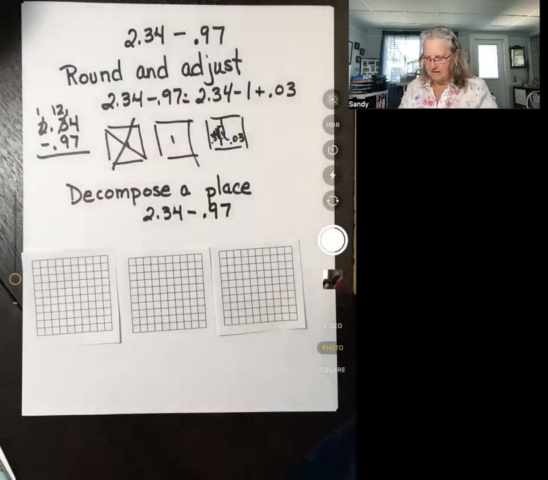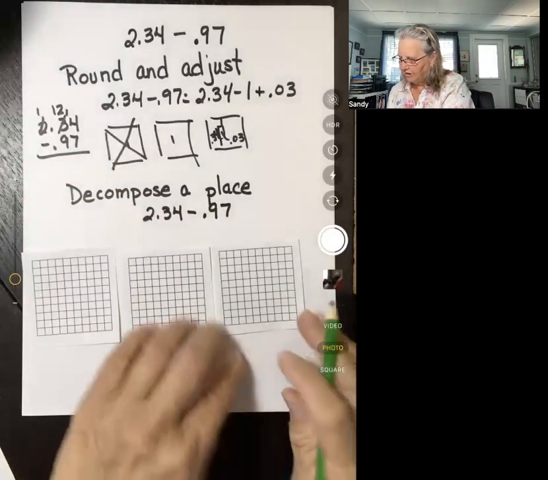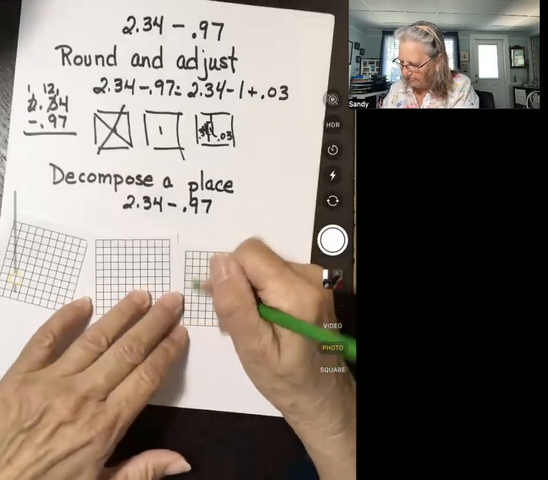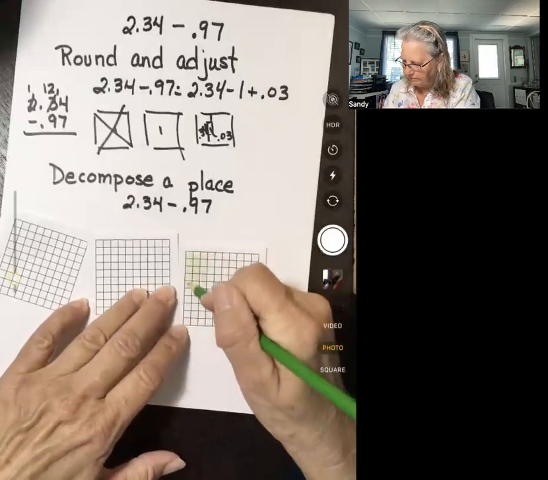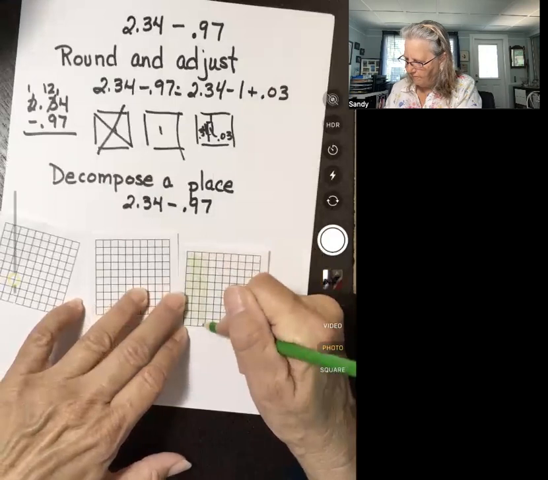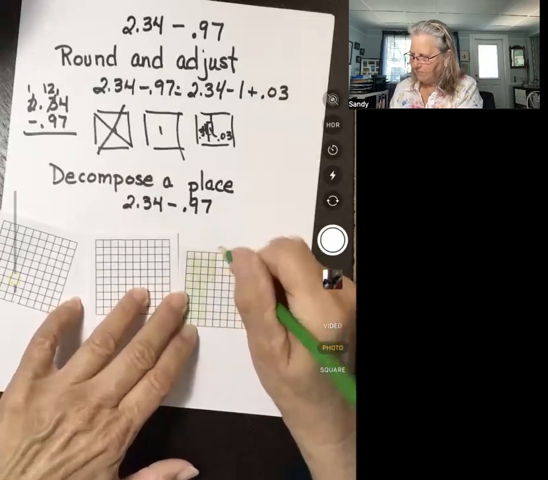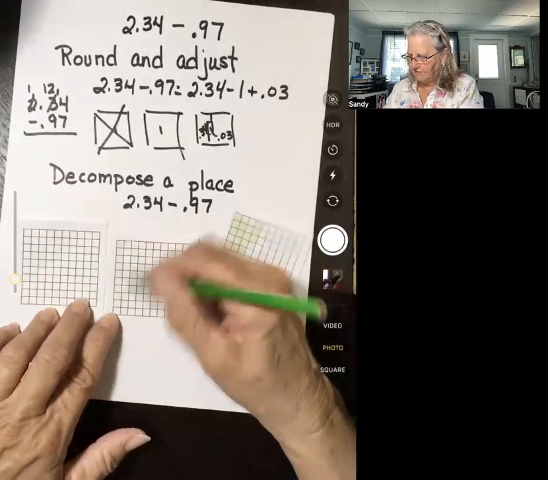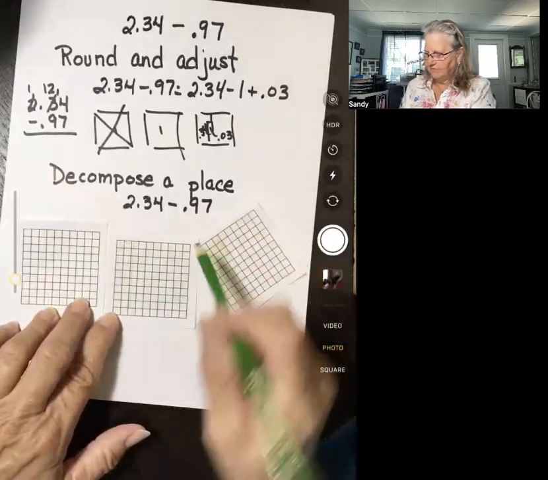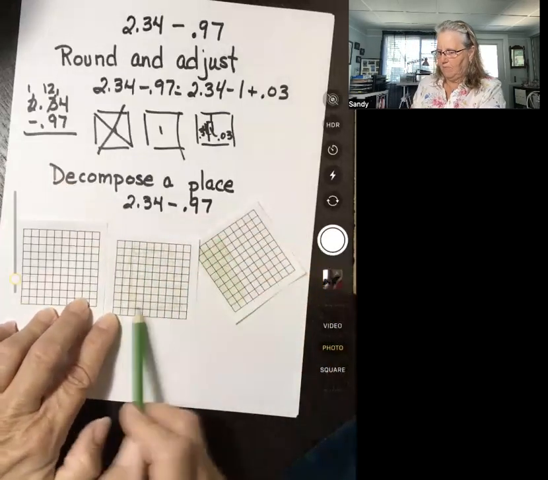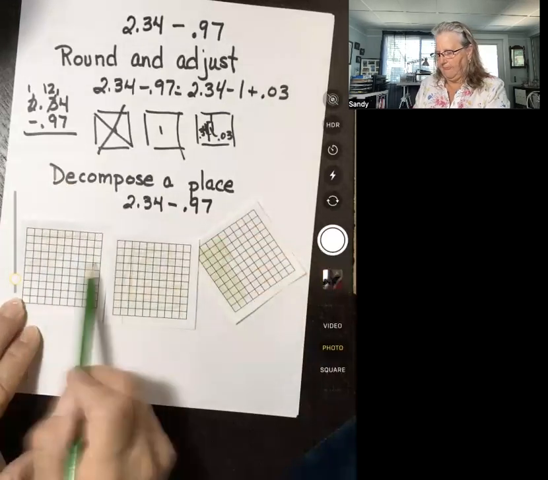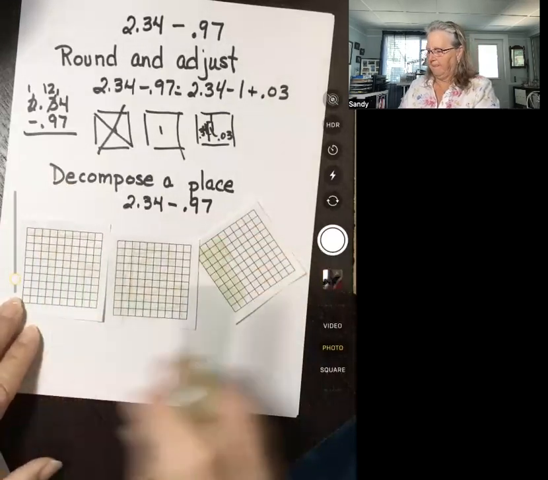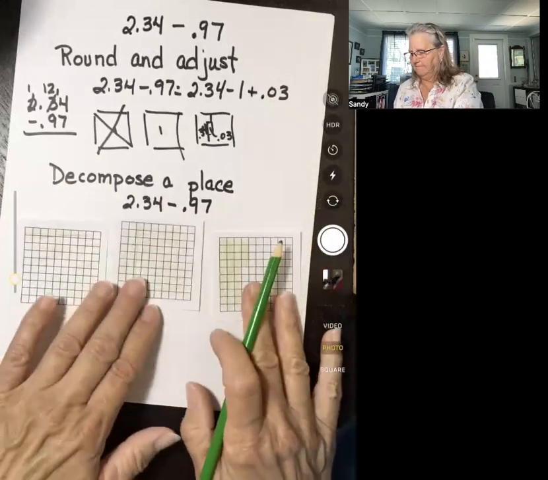Let me color in that 34/100 again. And again, we can pretend that I've colored this all in. All right.